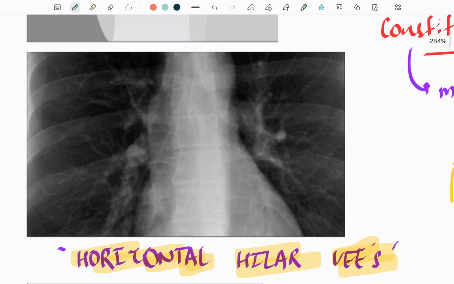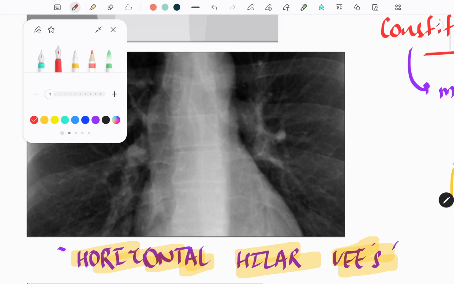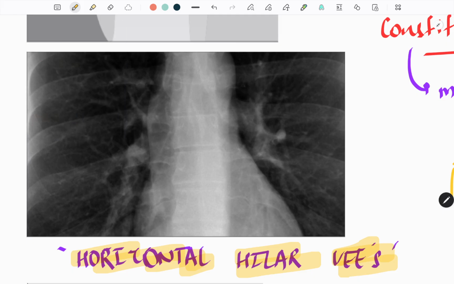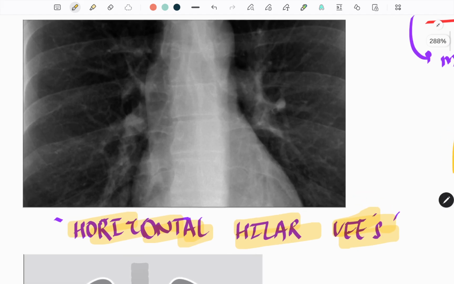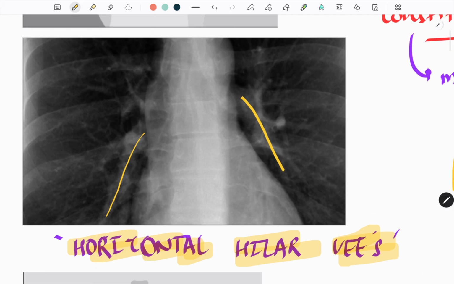Now we'll come to the part of how we'll assess. So as we can see here, this is the right lower lobe pulmonary artery. And this is the left lower lobe pulmonary artery.